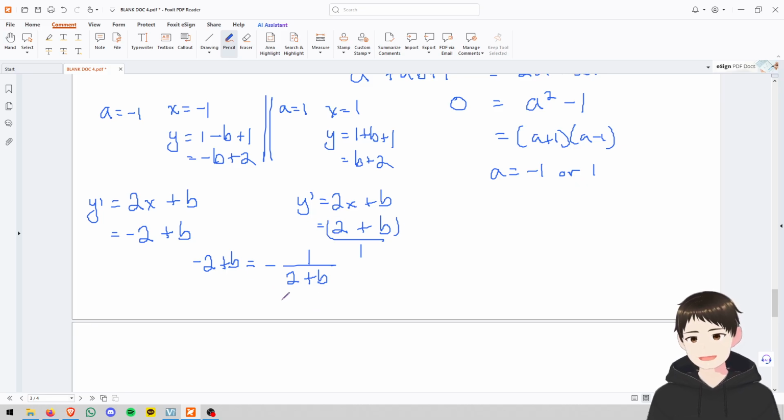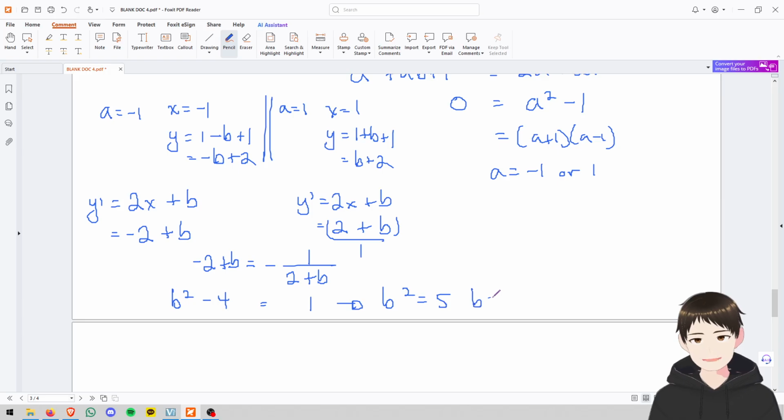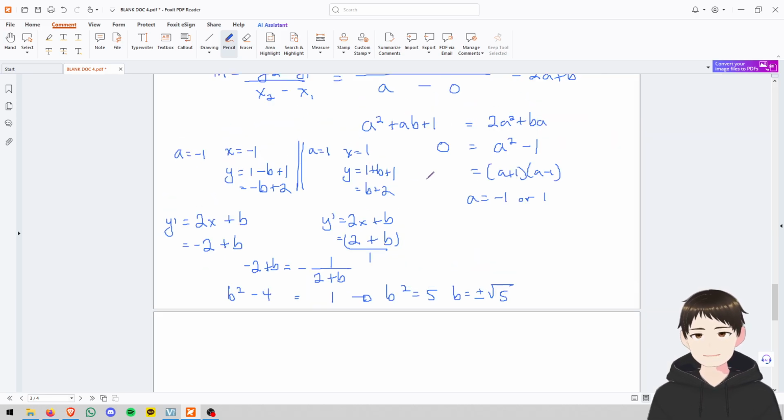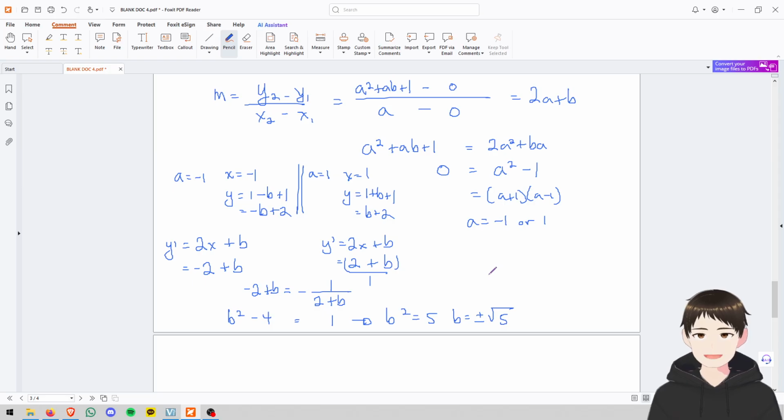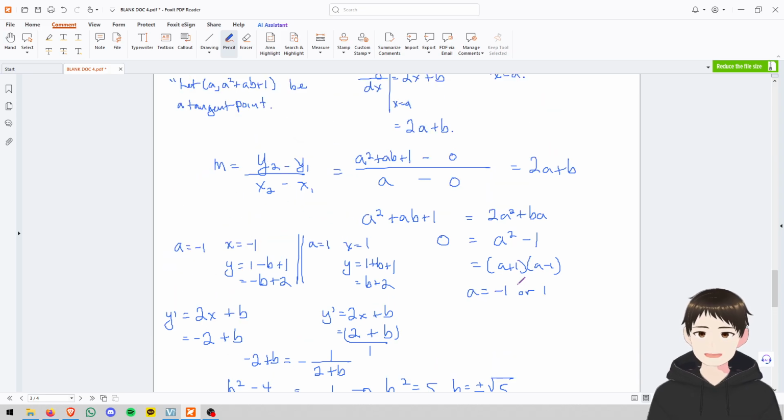So I'm going to multiply both sides by 2 plus b, which gives me b squared minus 4. That means b squared equals 5. b equals plus or minus root 5. Ho, ho, ho. That's why I'm wondering if this was a little too hard. But it's good. It's really going to stretch you.